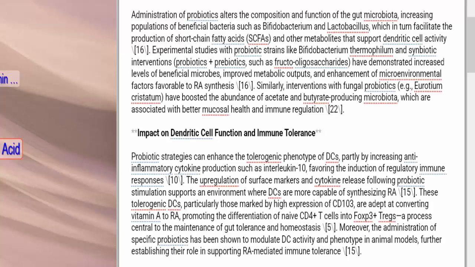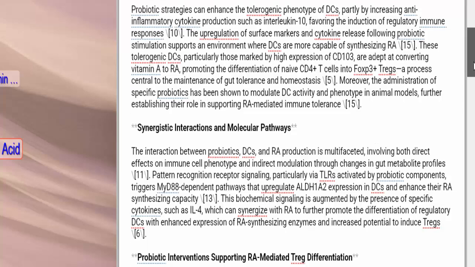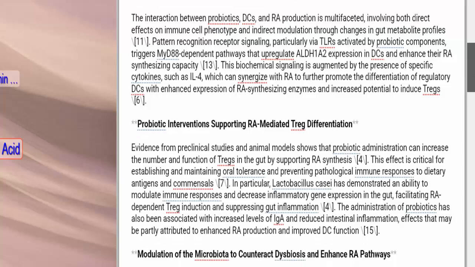Similarly, interventions with fungal probiotics have boosted the abundance of acetate and butyrate producing microbiota associated with better mucosal health. In this section, you can read about how probiotics impact dendritic cell function and immune tolerance. This section will explain synergistic interactions and molecular pathways.